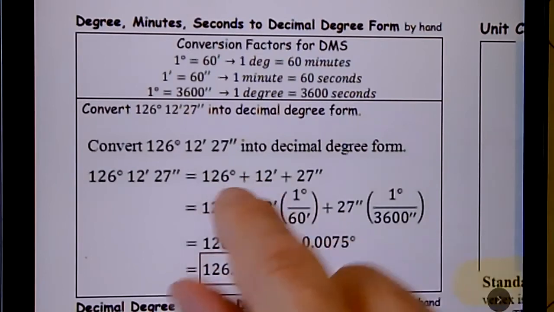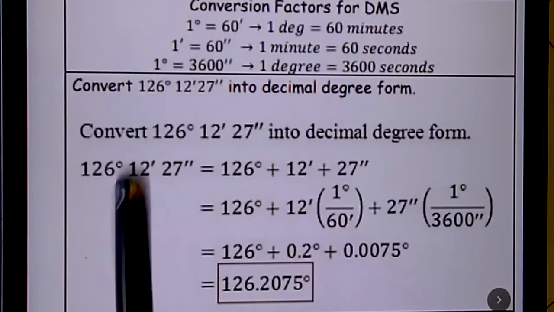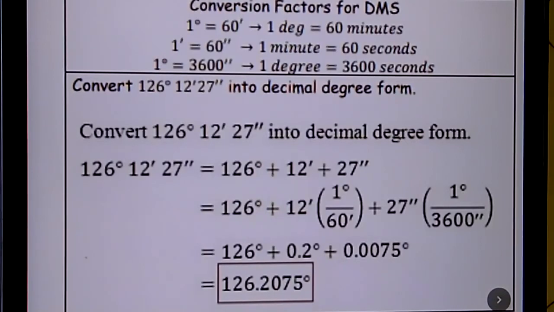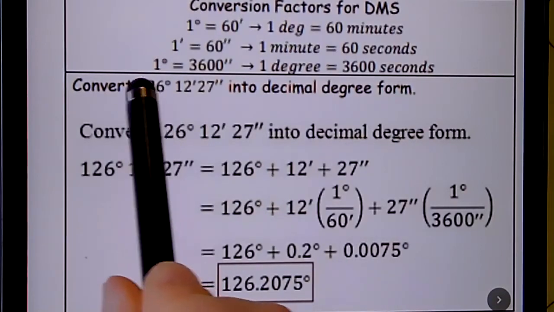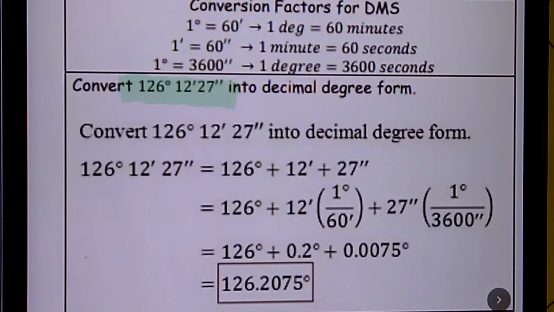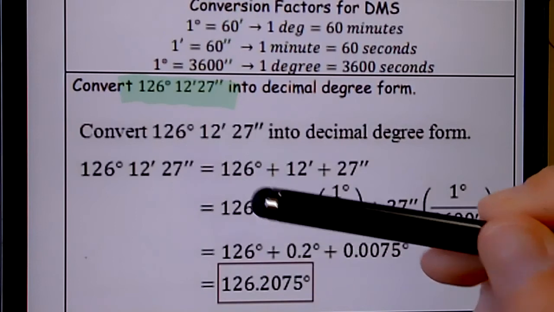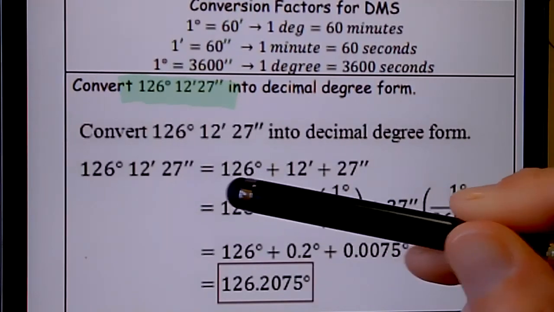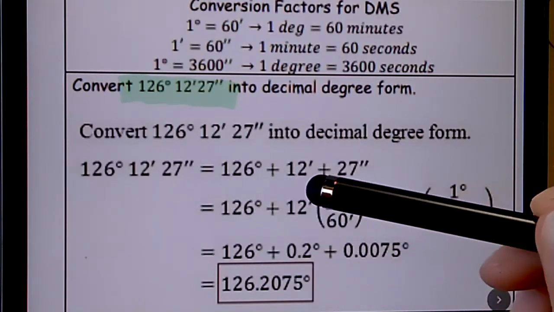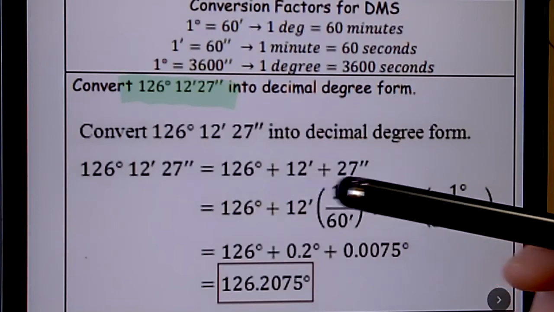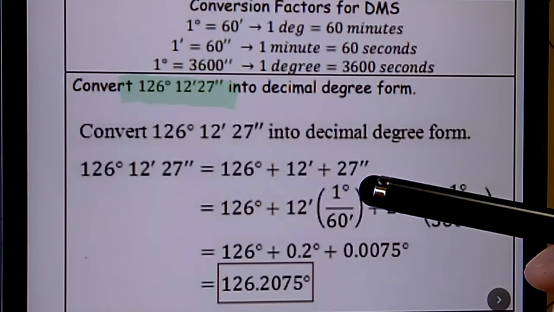So let's say we were trying to convert 126 degrees, 12 minutes, 27 seconds into decimal degree form. So we know it's going to be 126 point something, okay? Here I wrote my 126 plus my 12 minutes plus my 27 seconds.